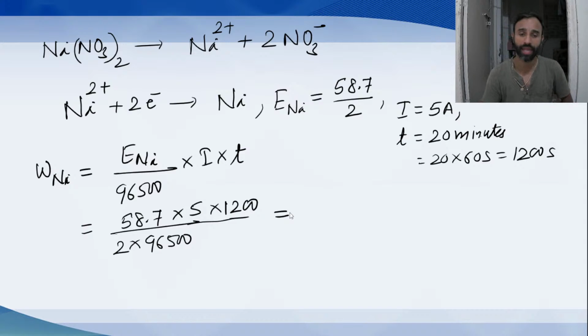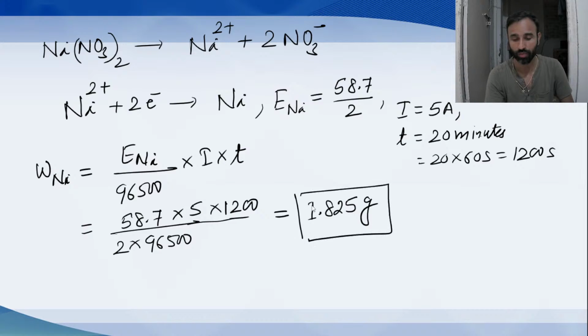It comes in gram. The value is 58.7 into 5 into 1200 divided by 2 and divided by 96500. That is 1.825 gram. So this much amount of nickel is deposited, right? 1.825.